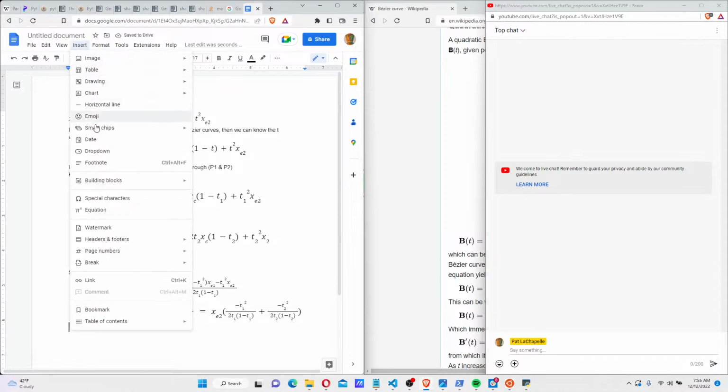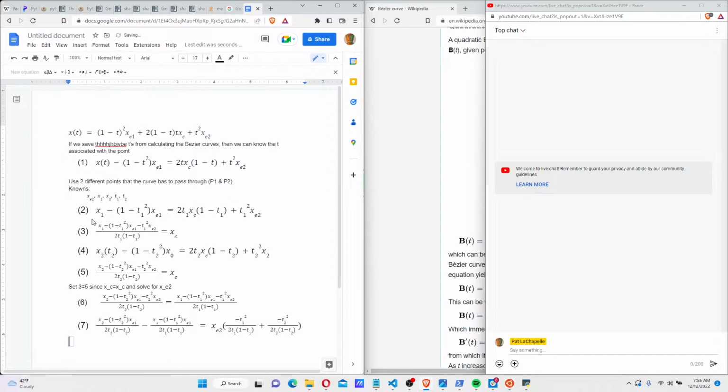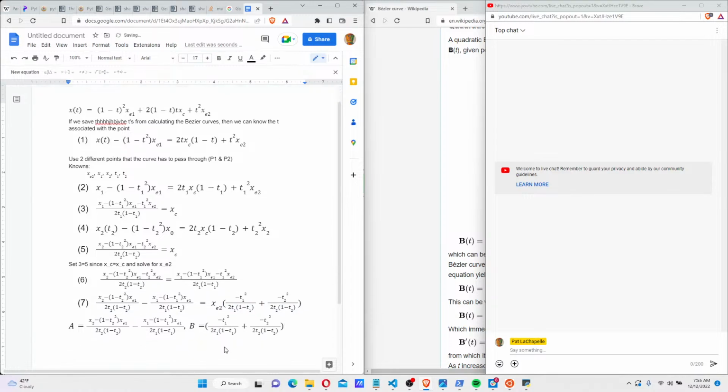So insert another equation. A equals that thing. B equals this thing. And then I can say for equation 8, x sub e2 is equal to a divided by b. Cool.